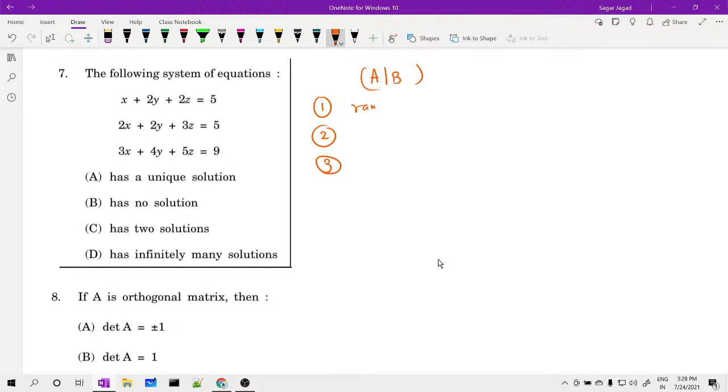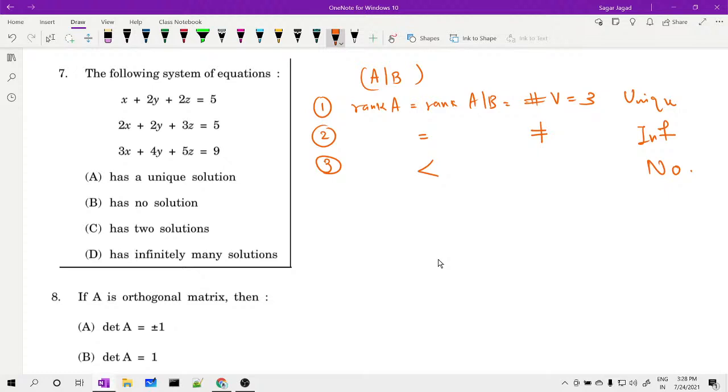If the rank of A is equal to the rank of A augmented B, and it is the same as the number of variables, which is 3, then it has a unique solution. If these two are the same but not equal to the number of variables, there are infinitely many solutions. And if the rank of A is less than this, then there is no solution, right? So let's think about this. Has two solutions. Let's see what can happen in this situation.